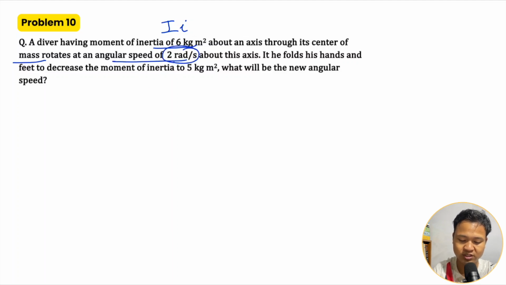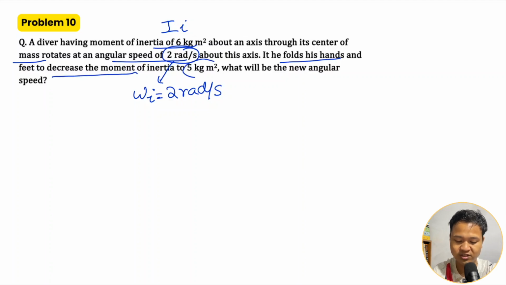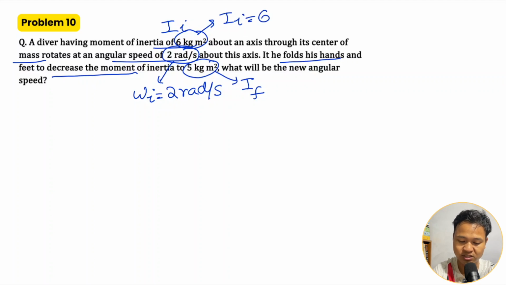He was rotating with omega initial equal to 2 radian per second. If he folds his hands, there is a decrease in moment of inertia, so I final is 5 kg meter square. So what will be the new angular speed?